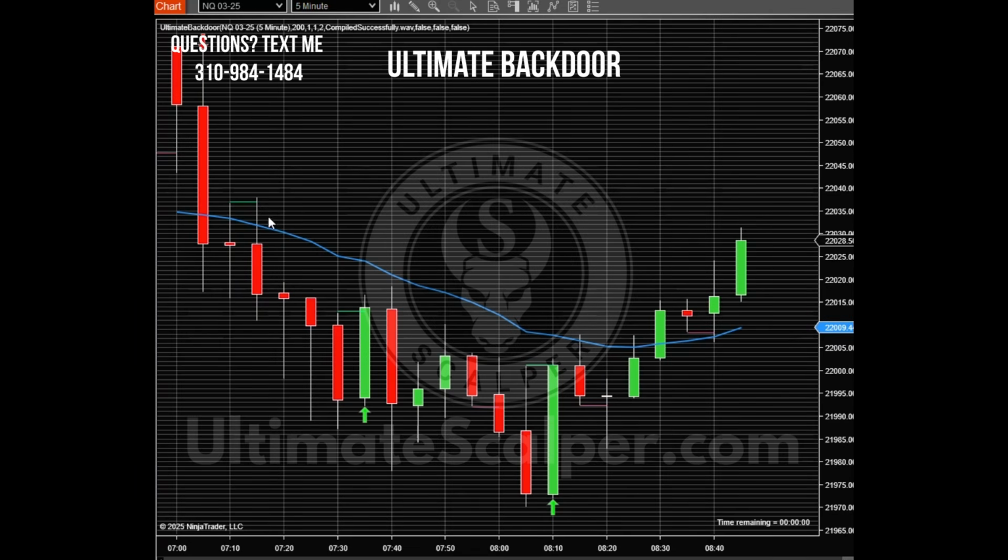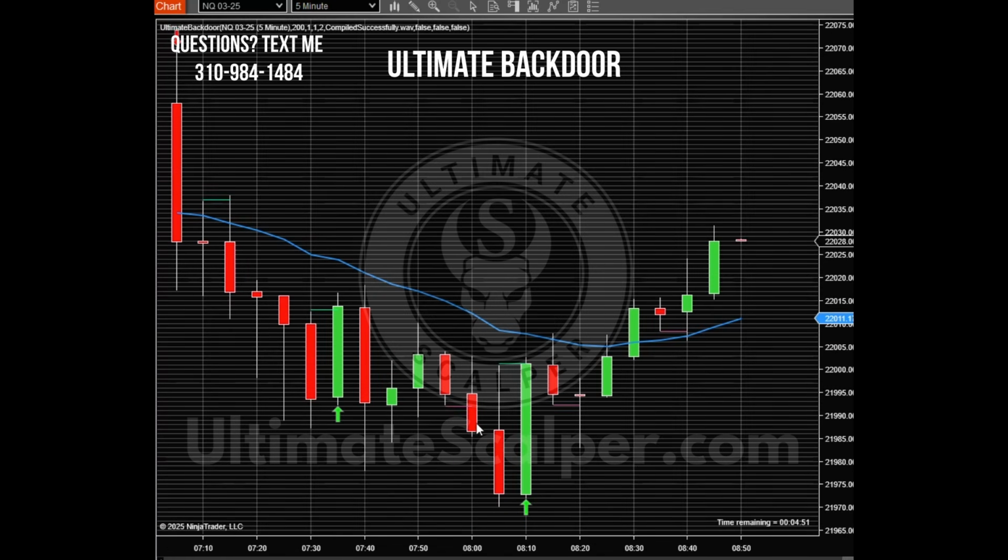Okay, so we're looking at the ultimate backdoor with the default settings. If I switch on the aggressive setting mode, let's look at how many more trades we would have had. Okay, this is the aggressive mode. There are going to be more lines here.